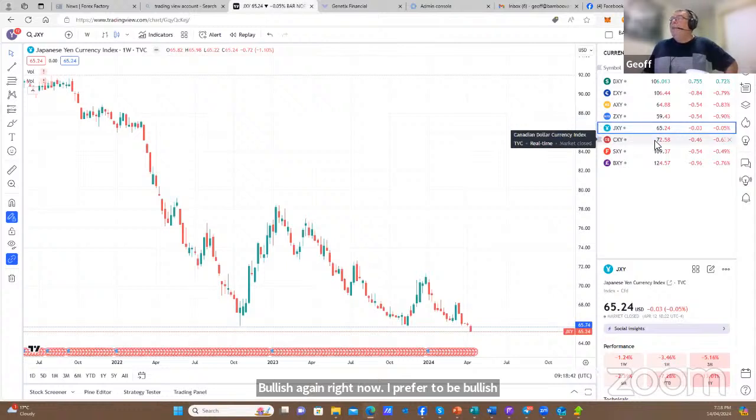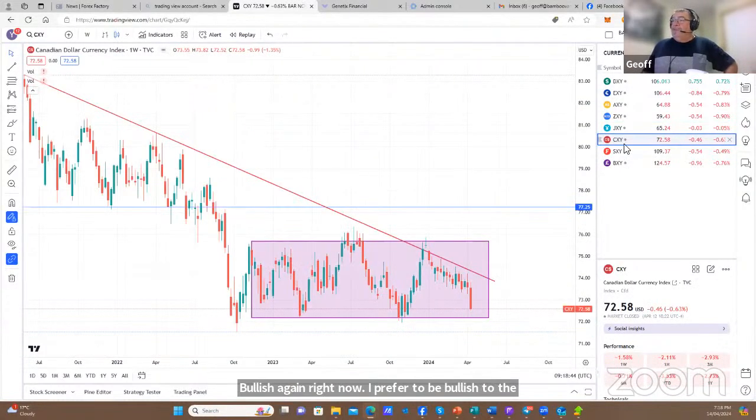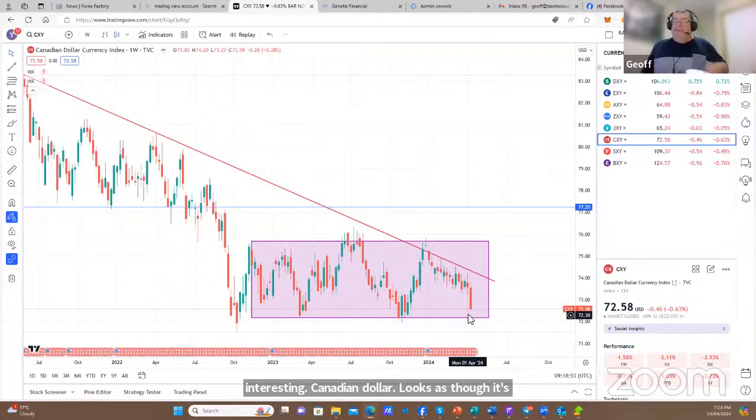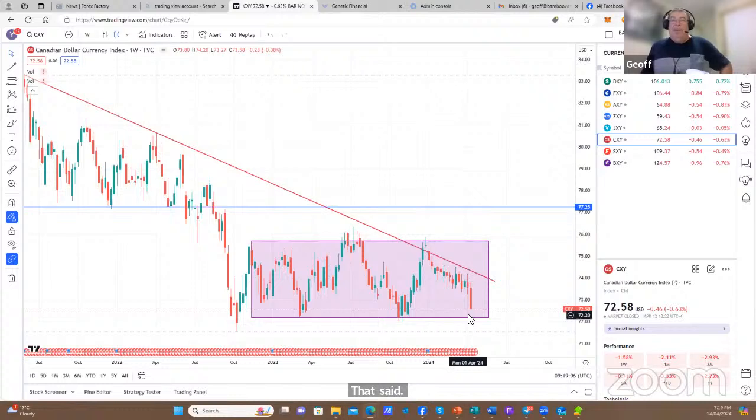That said, Canadian dollar, which is also very interesting. Canadian dollar looks as though it's approaching support, but not there yet. If you go back to those comparisons that I made back in February 2022, what you would expect to happen actually happened.